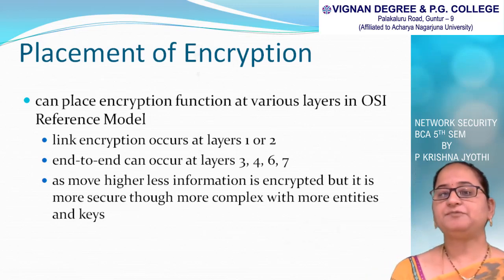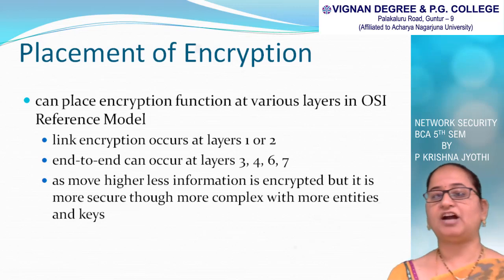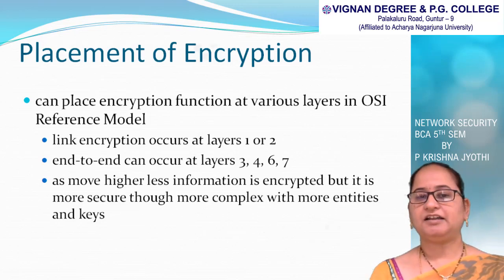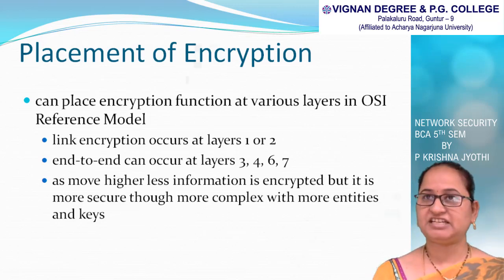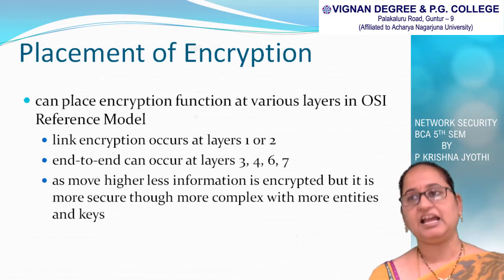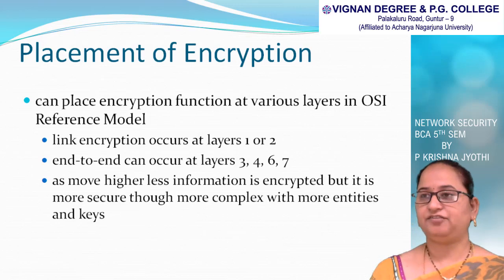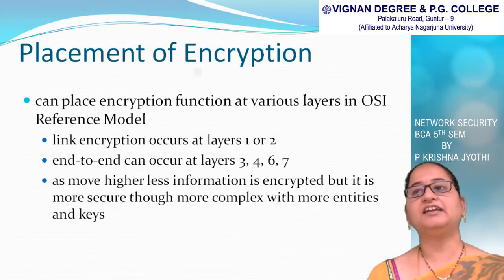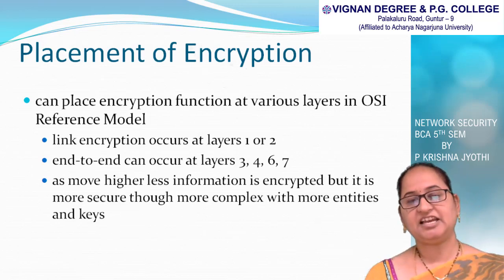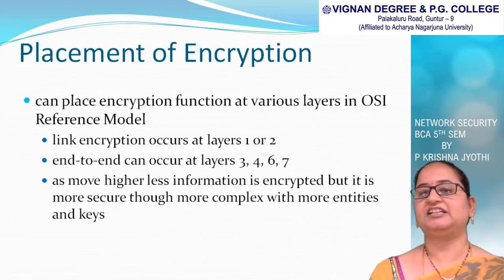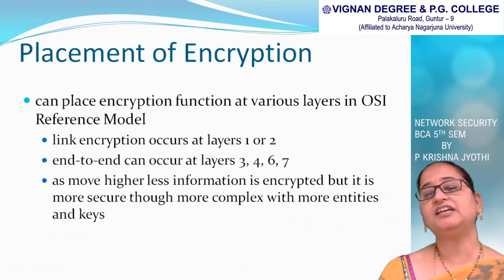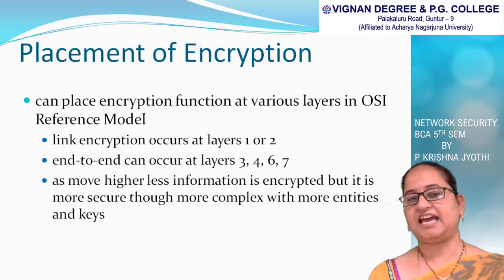Link encryption occurs at layers 1 and 2, that is, at the physical layer and data link layer, whereas end-to-end encryption can occur at the network layer, transport layer, presentation layer, and application layer. Those layer numbers are mentioned here as 3, 4, 6 and 7.